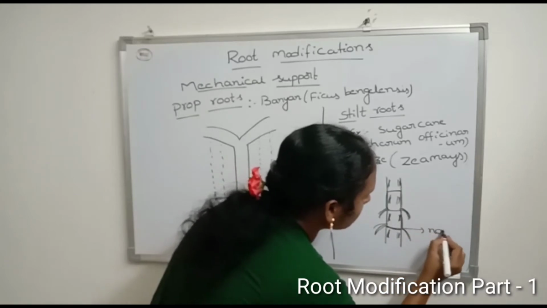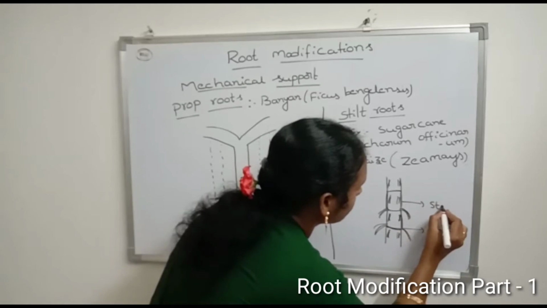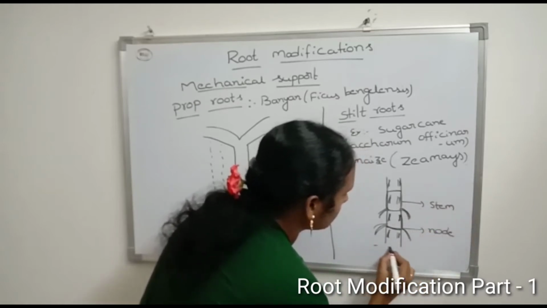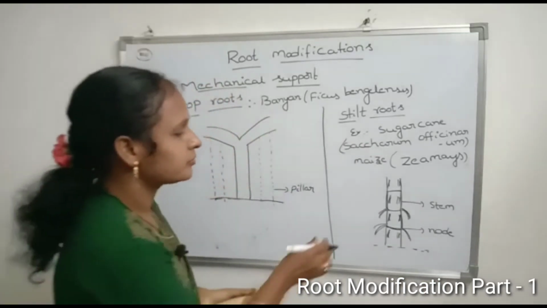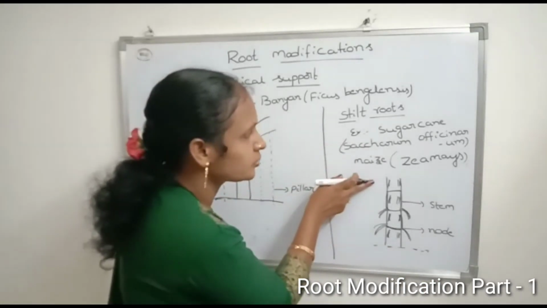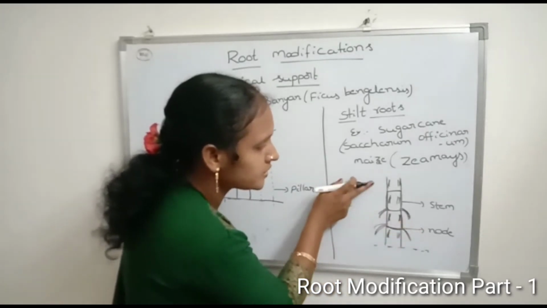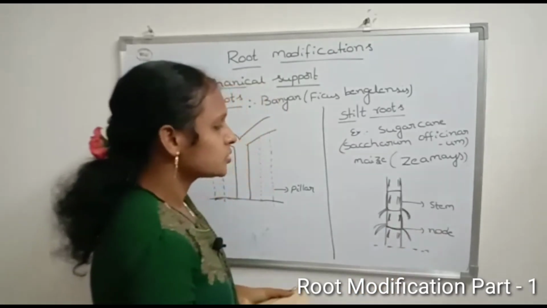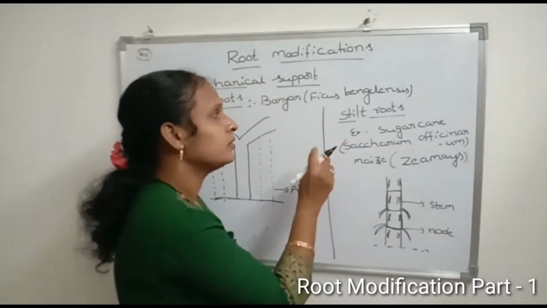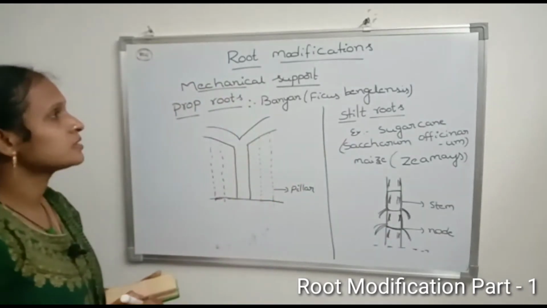This type of root is the stilt root. These roots give mechanical support to the plant. Those are the examples of mechanical support to the plants.